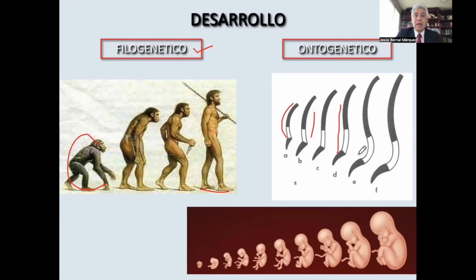The curvatures that we all know at the level of the spine begin to form, so that in the mature adult spine, there are all the curvatures that we already know. Lordosis, kyphosis, lordosis in our 3 main segments.